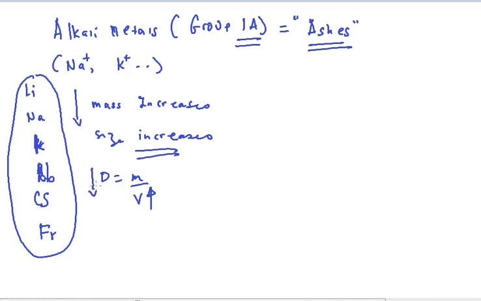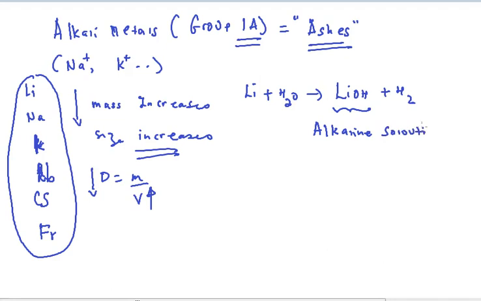The other chemical characteristic of alkali metals is that all of them react violently with water. For example, lithium reacts with water to give lithium hydroxide plus hydrogen. This is called an alkaline solution, or sometimes a basic solution. It's not only lithium that has such characteristics.